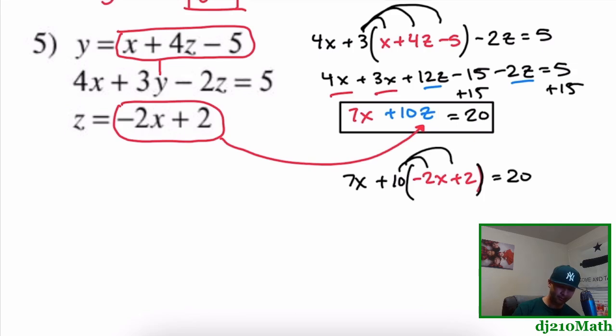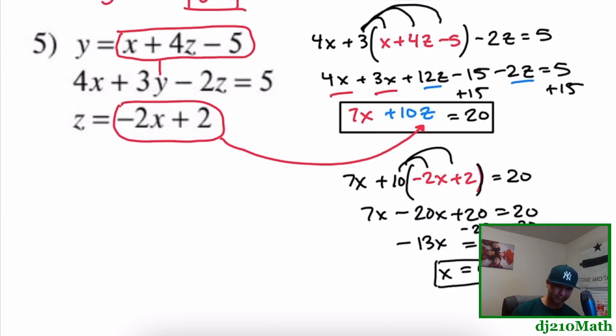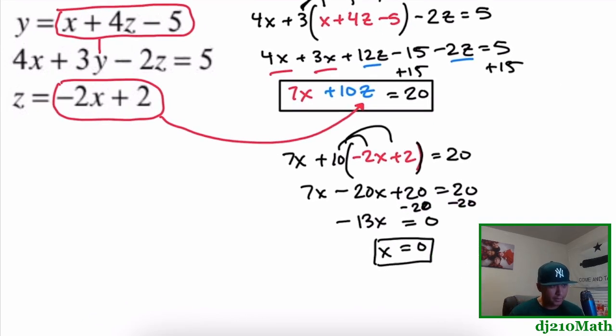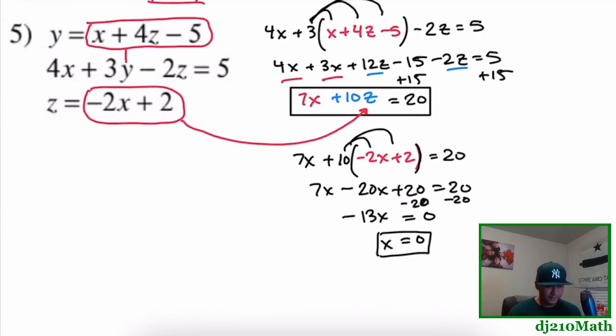Distributing the 10, 7x minus 20x plus 20 equals 20. So this is going to be negative 13x. When I subtract 20, it is equal to 0. Therefore, x is equal to 0. That's nice. My bad, y'all. x is equal to 0.